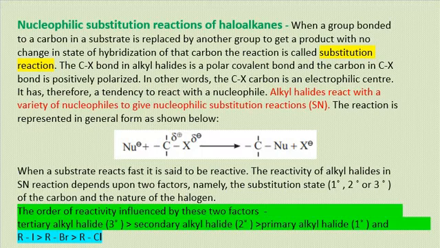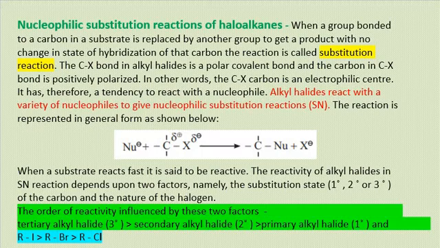Now, the carbon and halogen bond in alkyl halide is a polar covalent bond, that we know already. And here carbon acquires a slight positive charge due to the polarity in the bond. So we can say in between carbon and halogen atom, carbon is the electrophilic center.